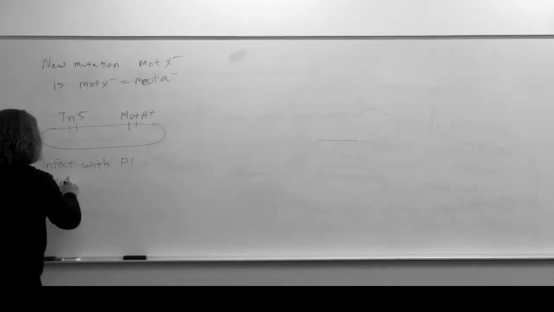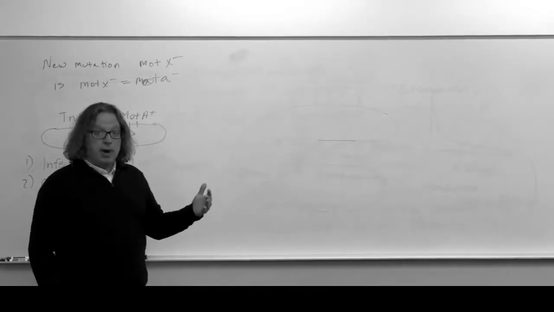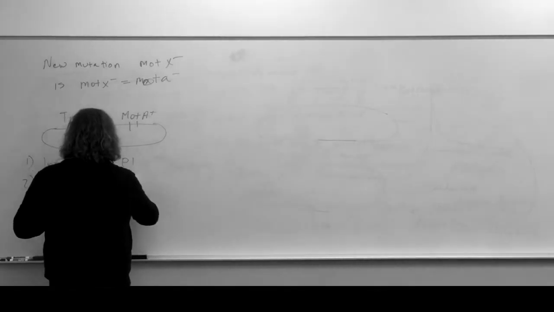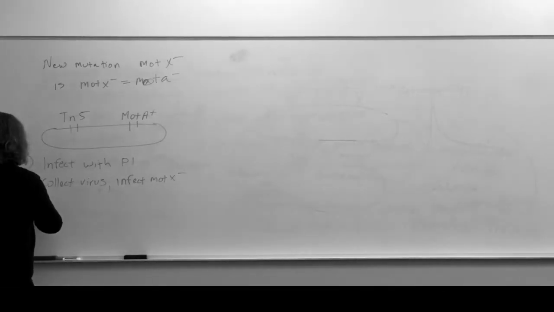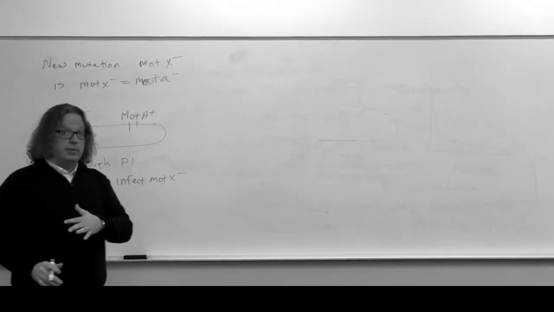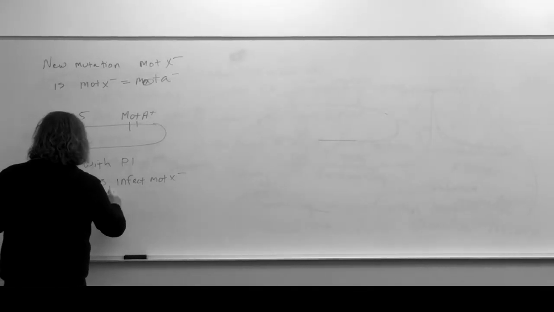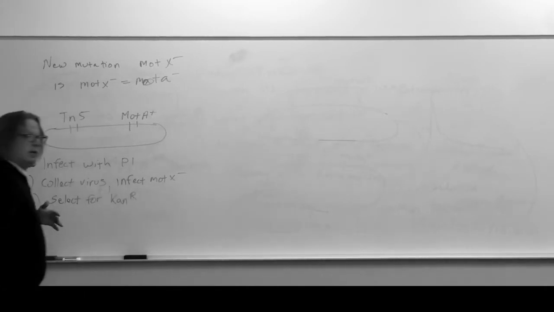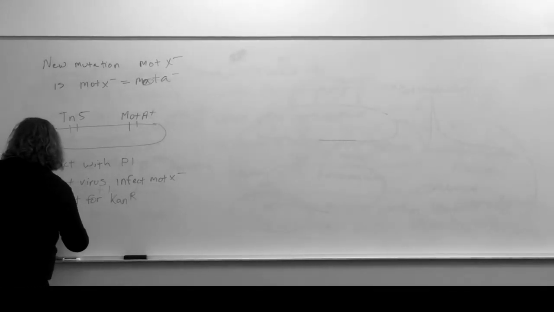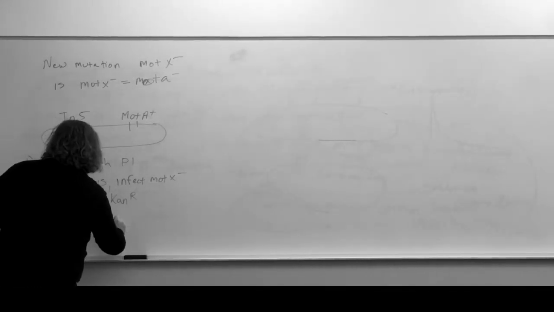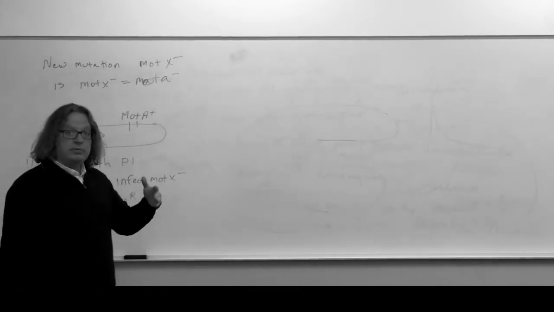We collect virus, and then we're going to infect our MOT X minus strain. Following this infection, we will select for the recombination event. So we'll select for kanamycin resistance, and we will screen for MOT plus cells, so cells that have restored motility.